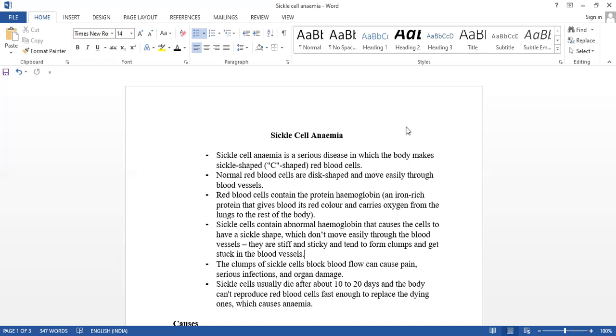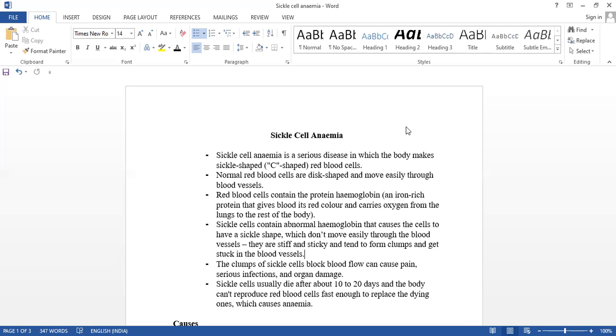Now the sickle cell contains abnormal hemoglobin that causes the cells to have a sickle shape.